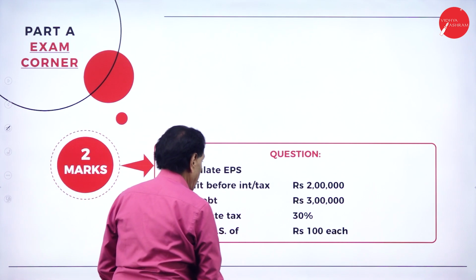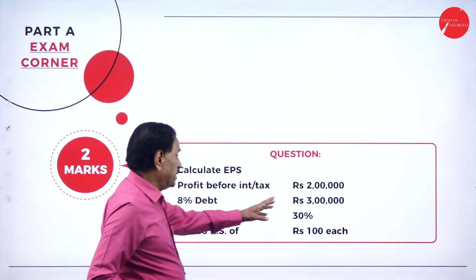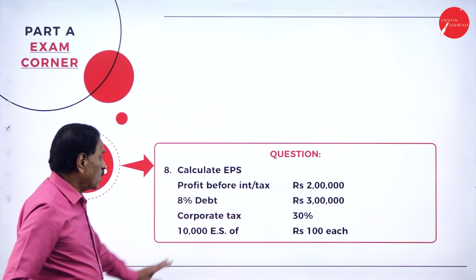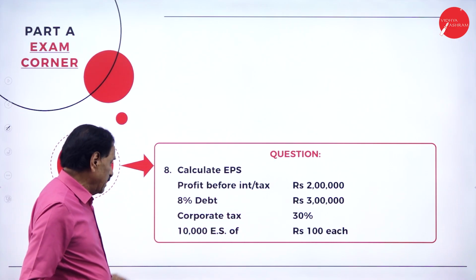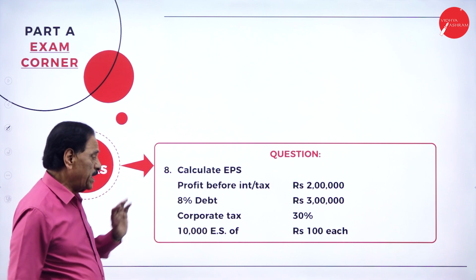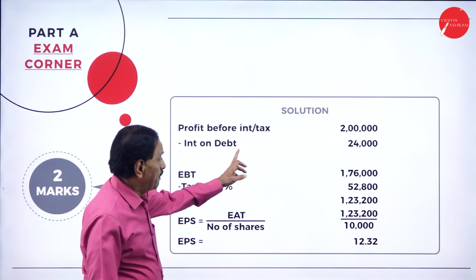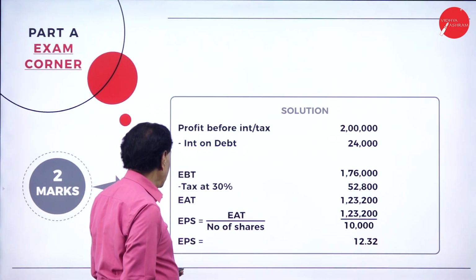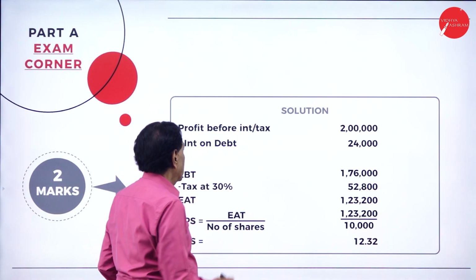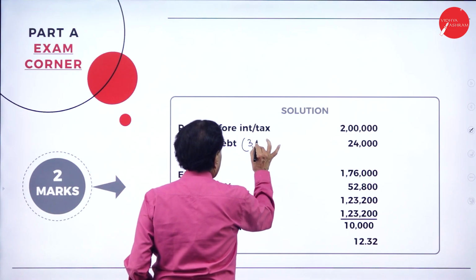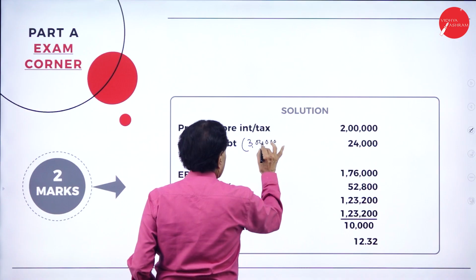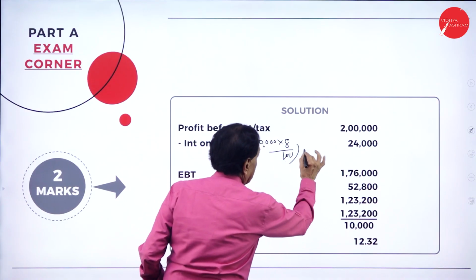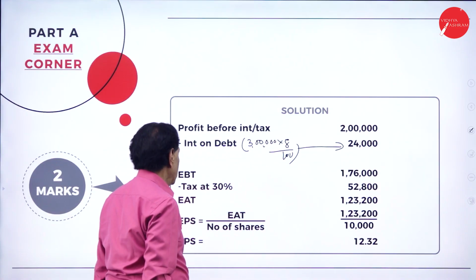Calculate earning per share. Profit before interest and tax 2 lakh, 8% debt is 3 lakh, corporate tax is 30%, 10,000 equity shares of rupees 100 each. Profit before interest and tax 2 lakh, interest on debt: 3 lakh into 8 by 100 is 24,000.